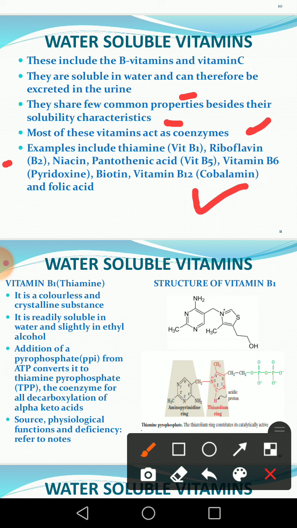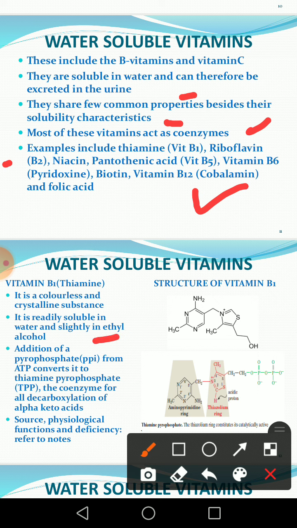and folic acid. Water soluble vitamins: vitamin B1, thiamine. It is a colorless and crystalline substance. It is readily soluble in water and slightly in ethyl alcohol.